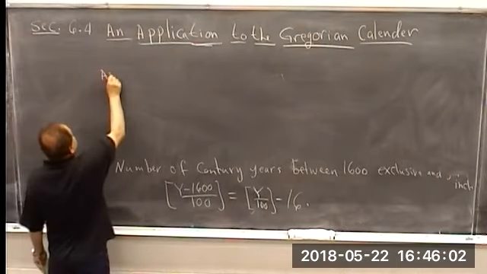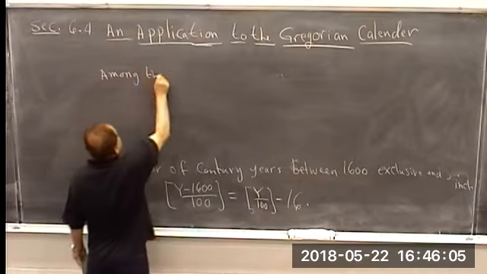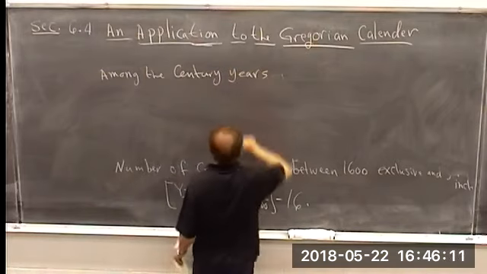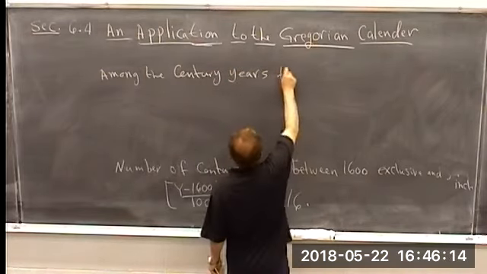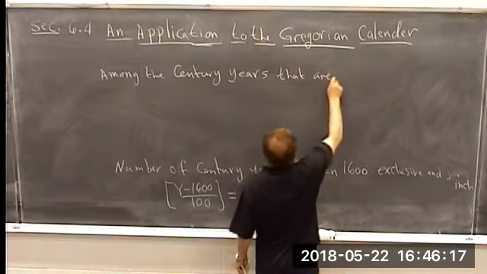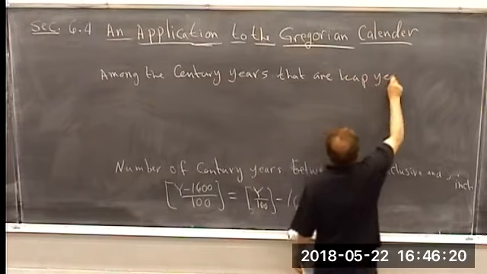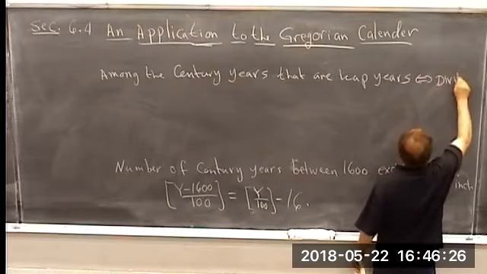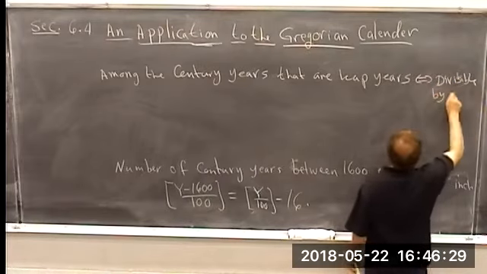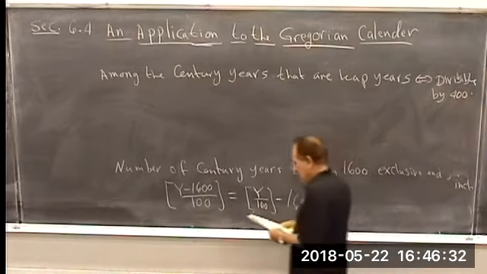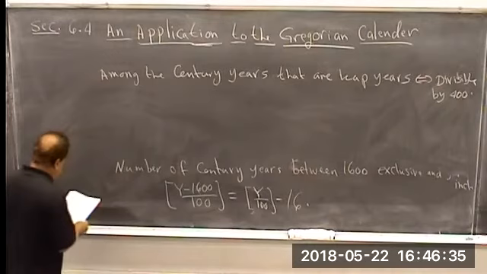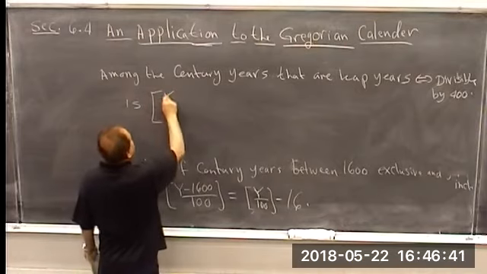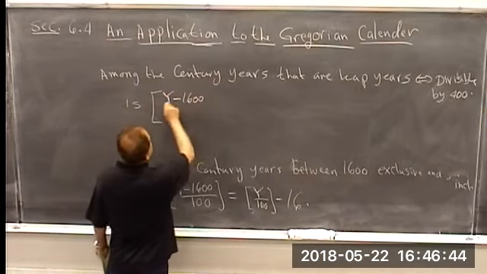So among the century years that are leap years, equivalent to say divisible by 400, this number is given by again (y minus 1600) divided by 400.